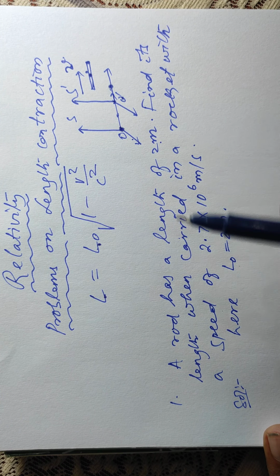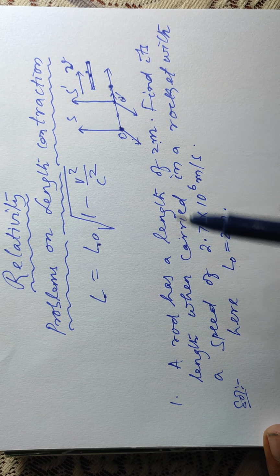So it will be 2 into root over 1 minus this. If you solve this one, you will get 0.81. After solving, you will get 2 into root of 1 minus 0.81. It is 0.19, square root of this. And it is equal to 2 into 0.436, which is equal to 0.872 meter.